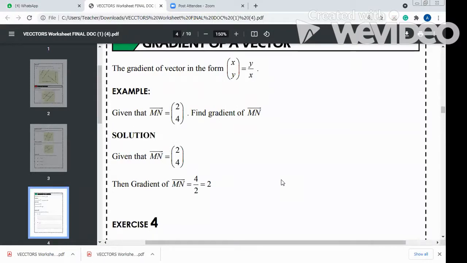You would flip it. Kind of, yeah. Flip and you divide. You actually divide those numbers to get a number, because it's given that MN is (2, 4). The gradient of MN would be 4 over 2 equals 2.